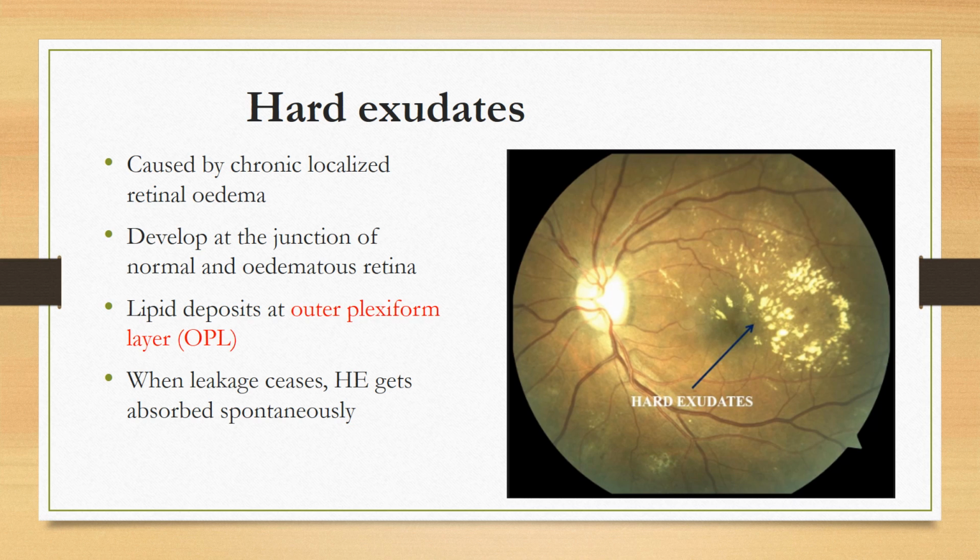So then comes the hard exudates. How exactly it happens is, as I said before, whenever there is a loss of pericytes, the blood contents like lipids and proteins get filtered out from the blood vessel into the retina. Once the blood contents are filtered out, they get deposited within the retina.